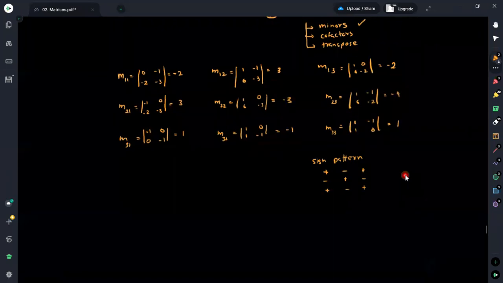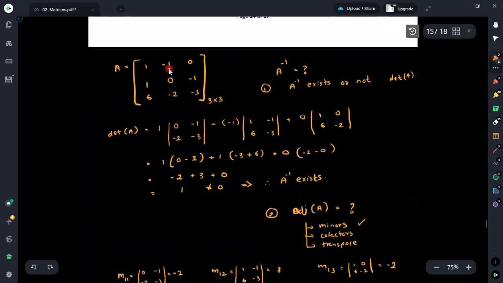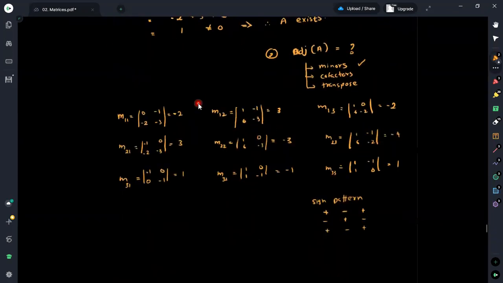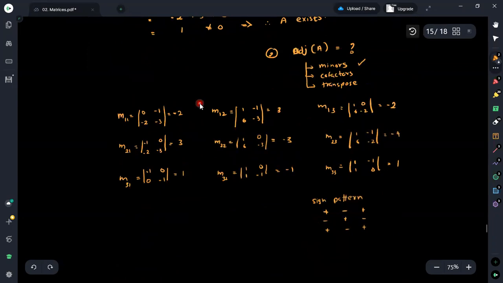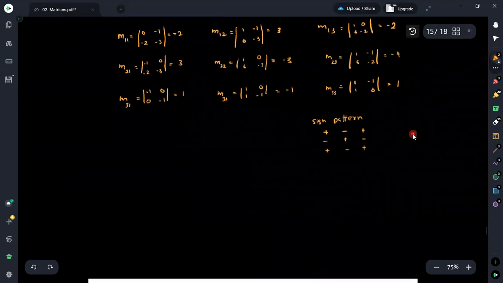Now we need to apply or combine the sign pattern with the minors. Therefore, we can obtain the cofactors in this form: C11, C12, C13.